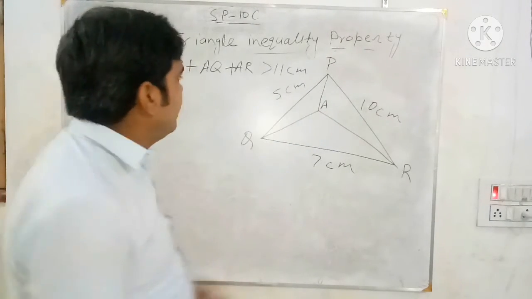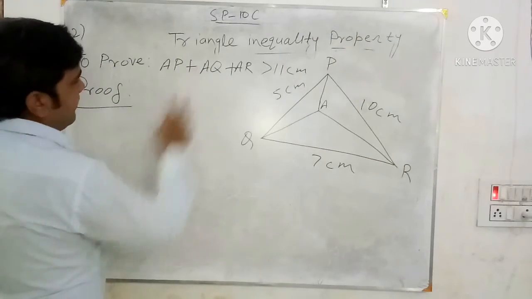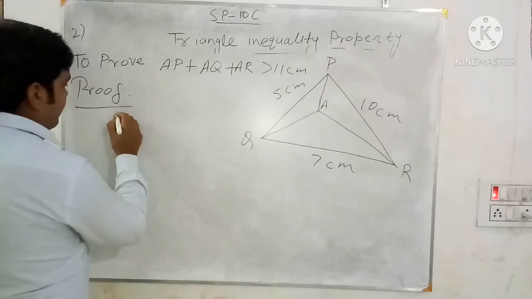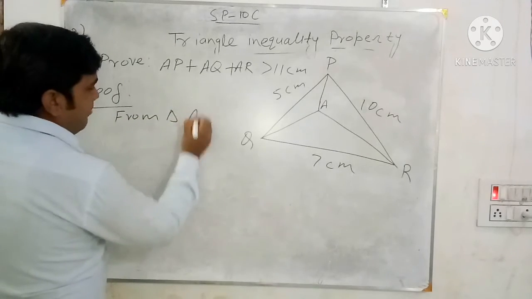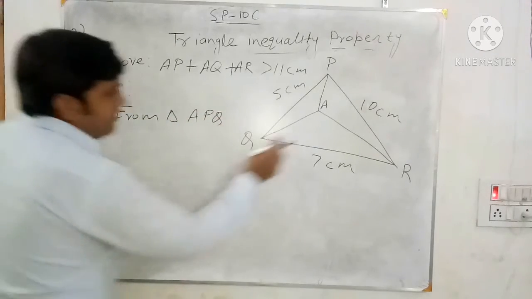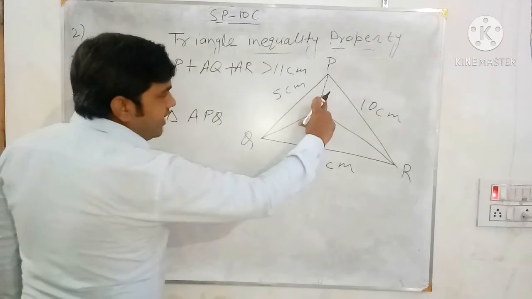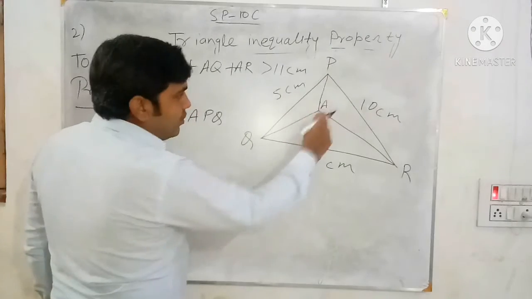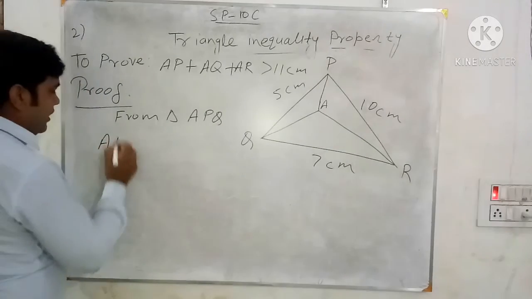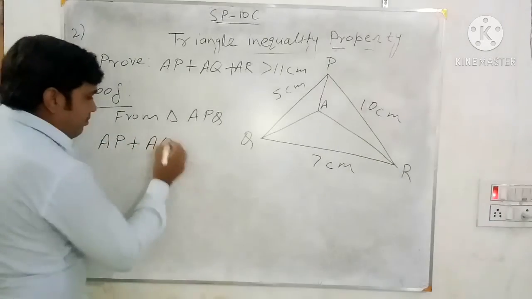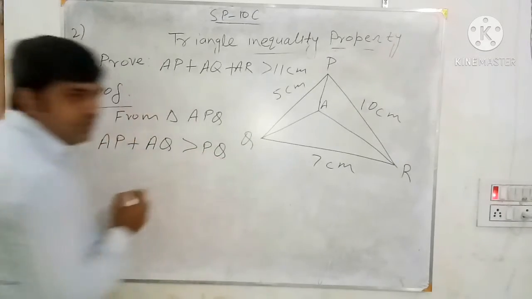So from triangle APQ, the sum of two sides must be greater than the third side. So AP plus AQ must be greater than the third side PQ.